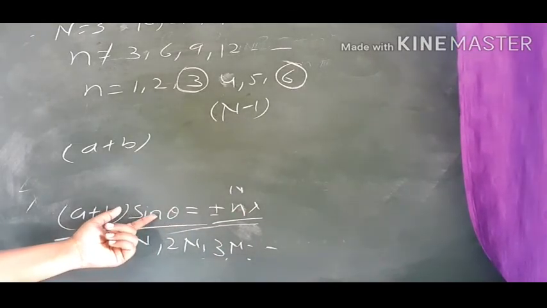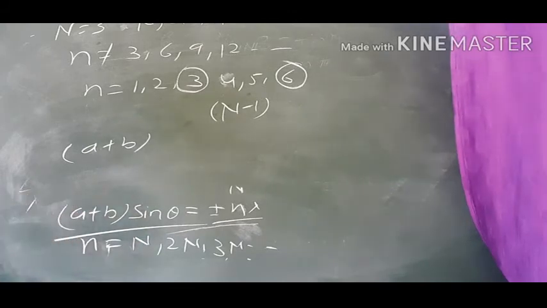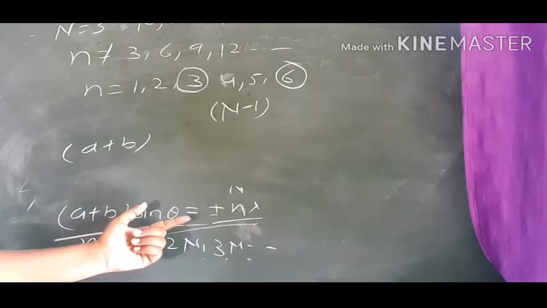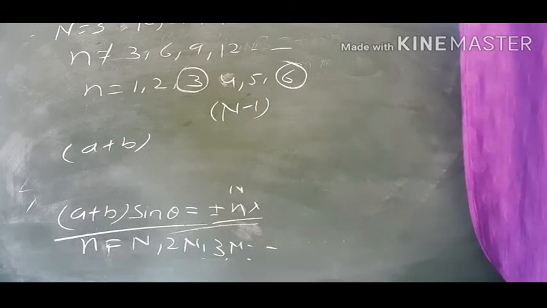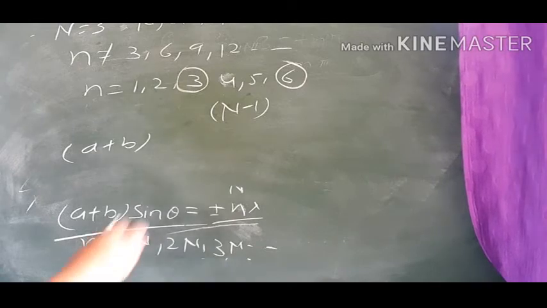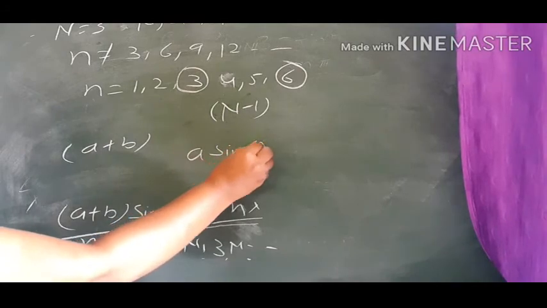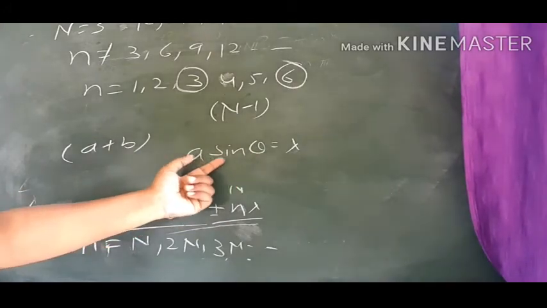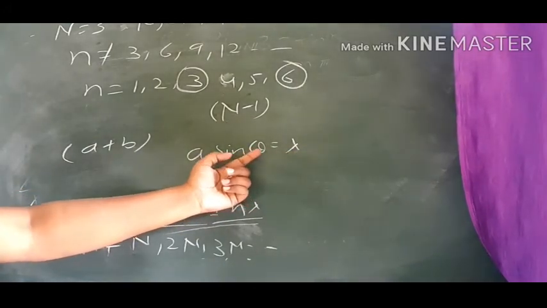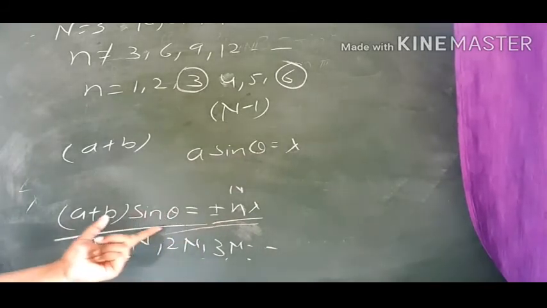It means for the value of angle of diffraction theta satisfying the above equation, we have the principal maximum. But sometimes we do not have it, because if the path difference between the diffracted rays from the two extreme points of a single slit is lambda, that is a sin theta is equal to lambda, for the same value of theta this condition is also satisfied.